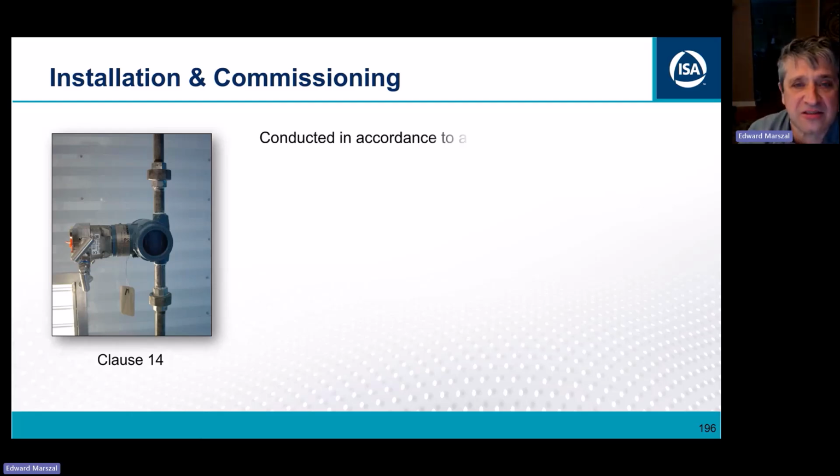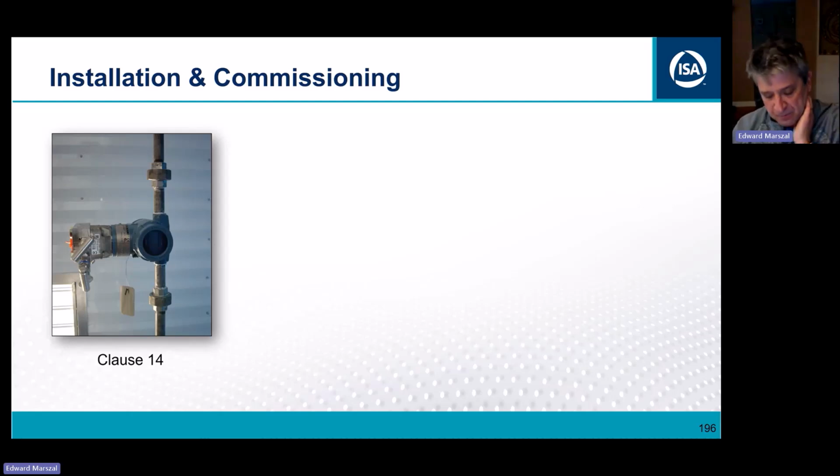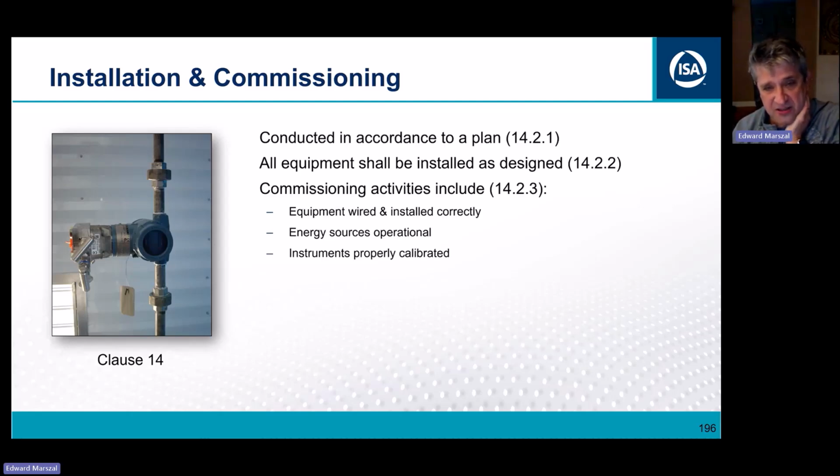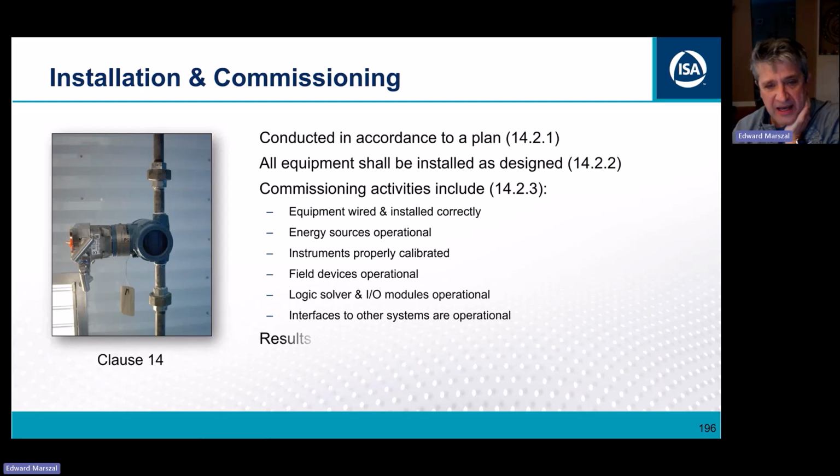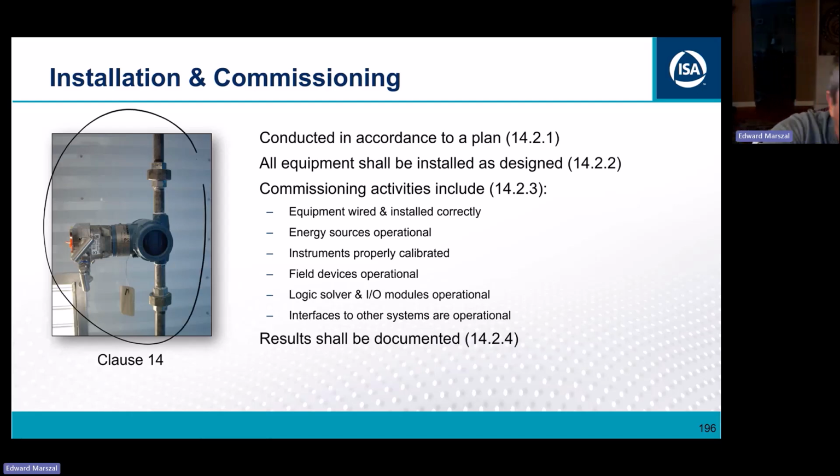Okay, so let's get to that. I just wanted to show you this picture. And the key is that in the training class, we're saying that the mechanism that we're going to use to detect this failure is not online diagnostics. It's not a proof test. It's the commissioning process. The commissioning process should be one human being checking the work of another human being and saying, hey, that's not how you install a transmitter.